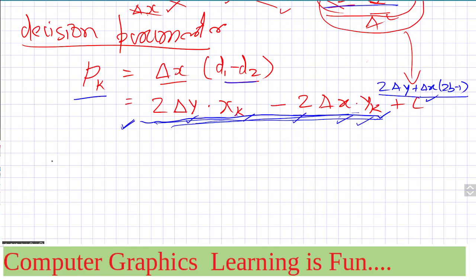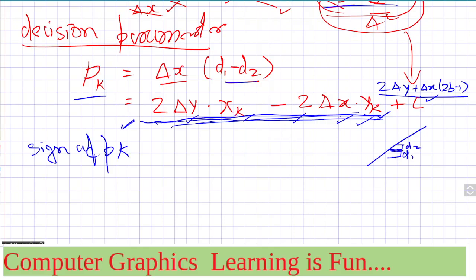So here we have to understand the sign of your pk. If this pixel, suppose yk, is closer to the line path, what will happen? We have already seen that suppose this difference is d1 and this difference is d2.